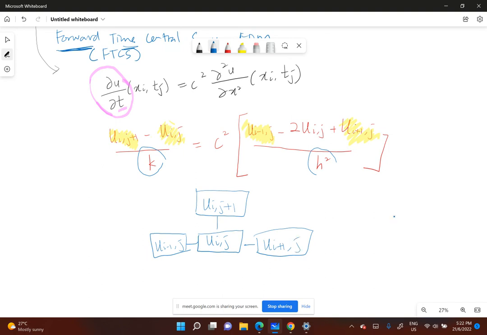Okay. So, kita ada yang ni. This we call as molecule graph. Okay. So, sebenarnya yang ni yang kita nak cari. uij plus 1. This is our target cell. The value that we want to find.